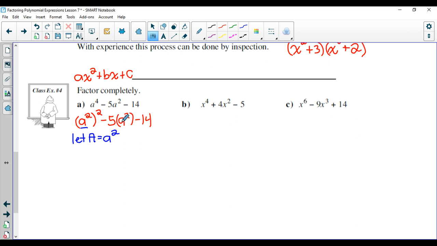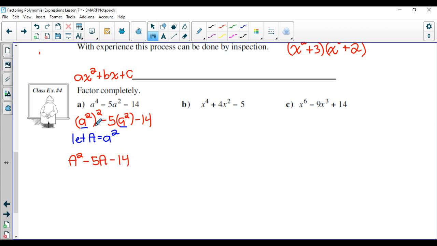So in the place of a squared here and a squared there, I'm going to replace it with a capital A. So what that would look like then is you would have A squared minus 5 times capital A minus 14.